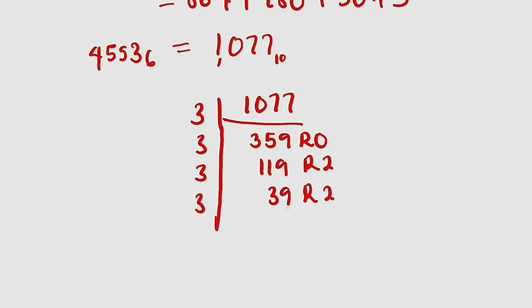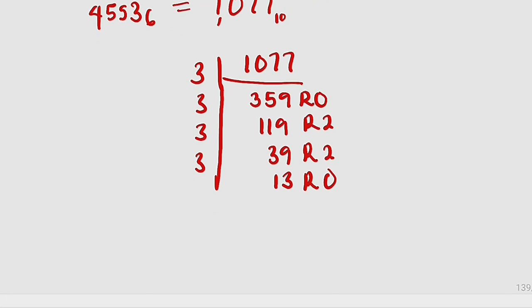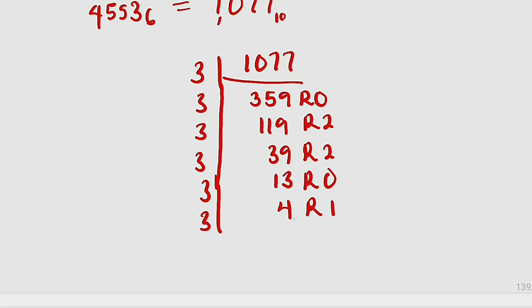Take 3, plug it into 39, you're going to get 13 without remainder. Then plug in 3 again into 13, you have 4 with a remainder of 1. Then you take 3 and plug it into 4, that will be 1 with a remainder of 1. So 3 can no longer go into 1.